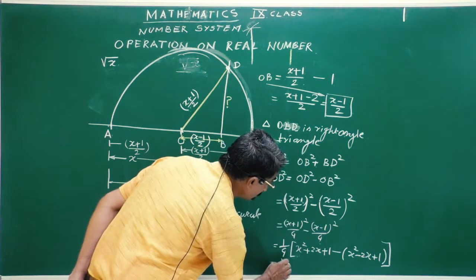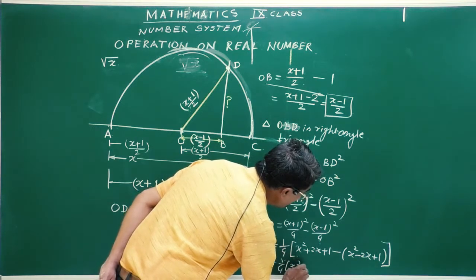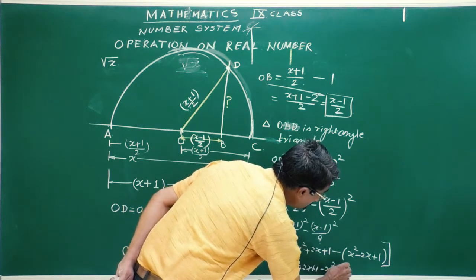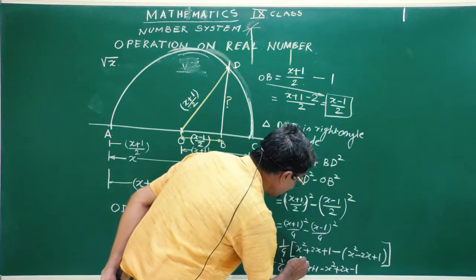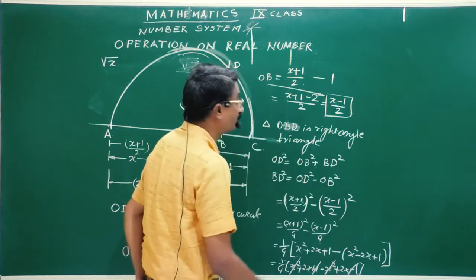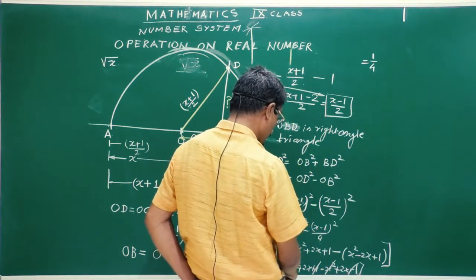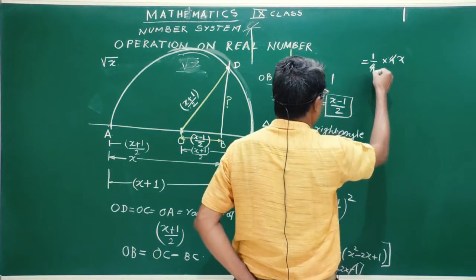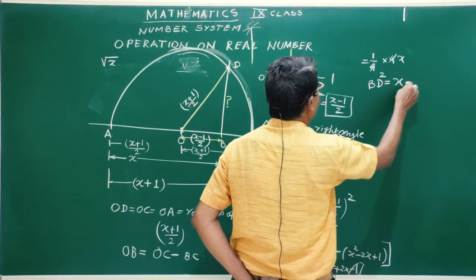So this is equal to 1 upon 4 times (x square plus 2x plus 1 minus x square plus 2x minus 1). Minus is multiplied inside. So x square is cancelled, 1 is cancelled. So this is equal to 4x. So that is 1 upon 4 into 4x. So 4 is cancelled. So BD square is equal to x.